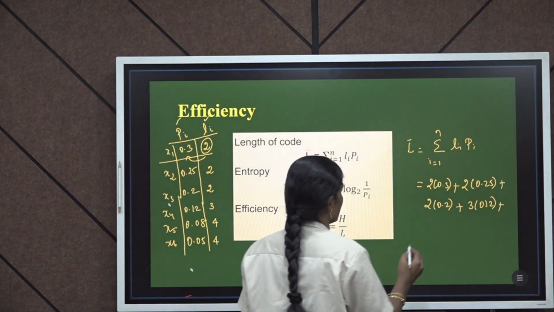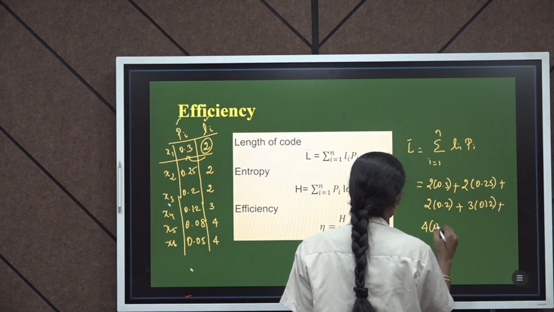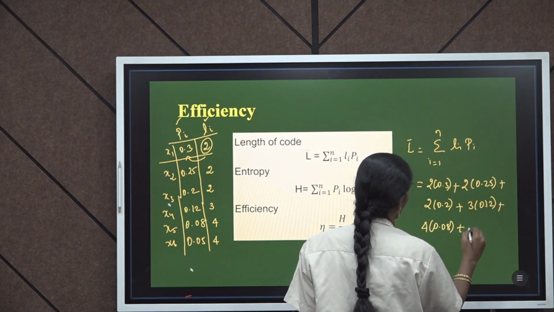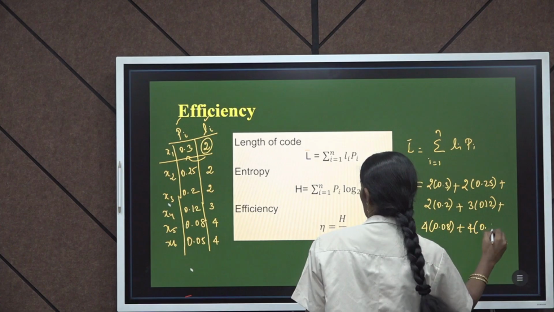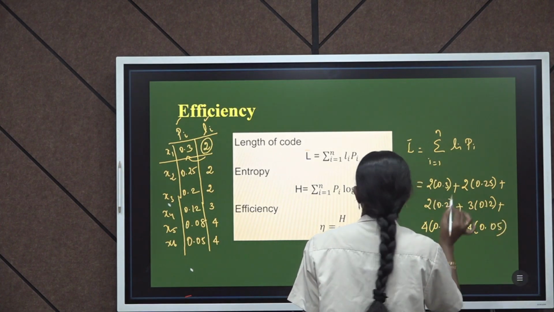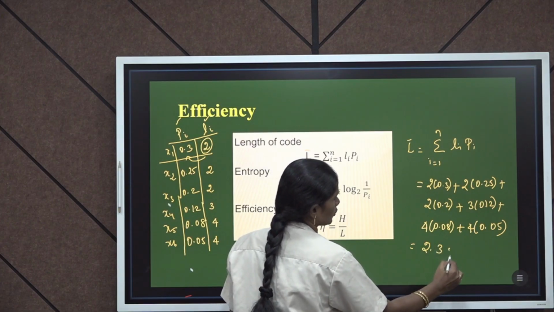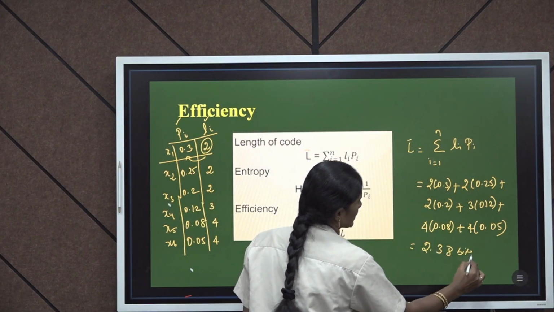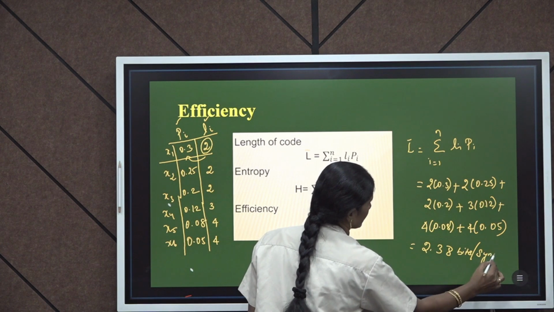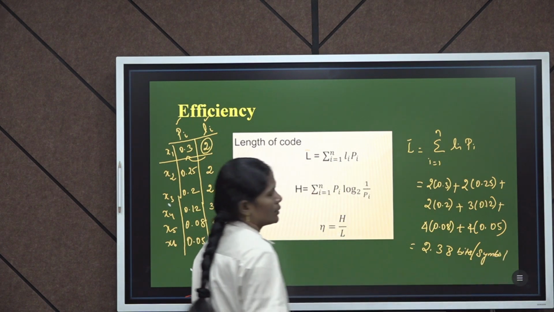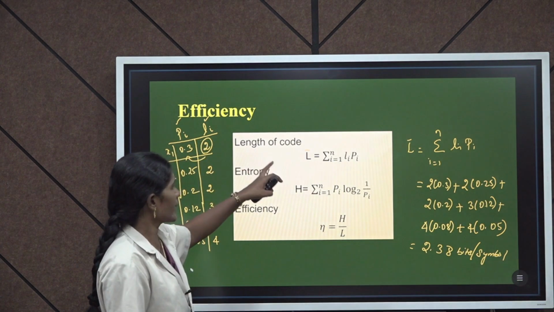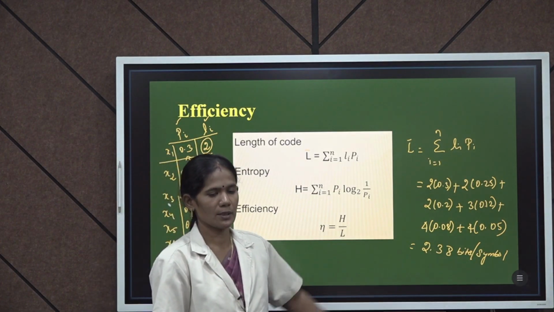Next, 0.08, again 4 multiplied by 0.05. So using this calculation the length of the code is 2.38 bits per symbol. So the average code word length is 2.38 bits per symbol, right?